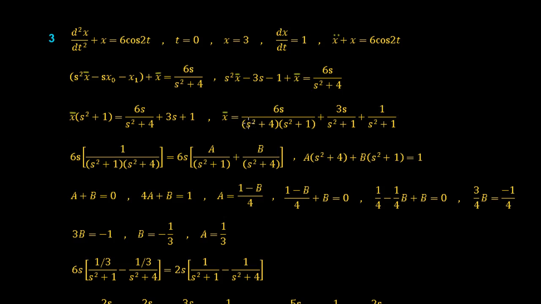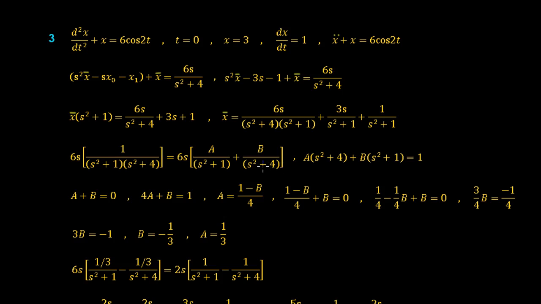So we can take out the common factor of 6s from this term, and it will leave us 1 upon s squared plus 1, s squared plus 4. This can be written as a upon s squared plus 1 plus b upon s squared plus 4.